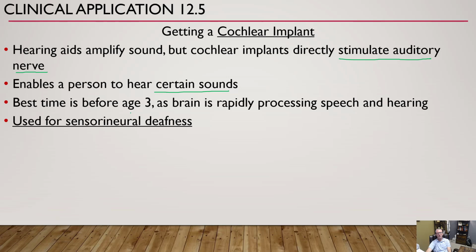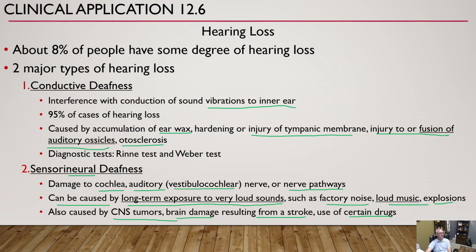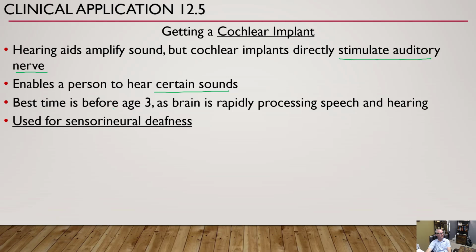Outside of like an explosion, if we go back to here, factory noise, loud music, explosions, sometimes this is present at birth. And if it's present at birth, you can hopefully know that before the age of 3, and we can get the cochlear implant implanted before the age of 3.